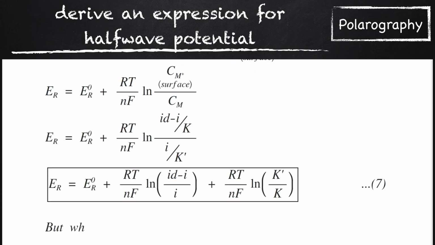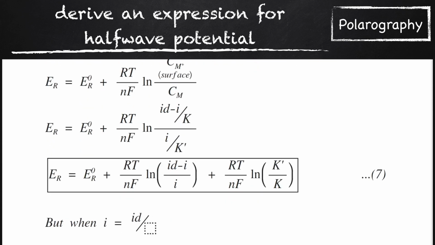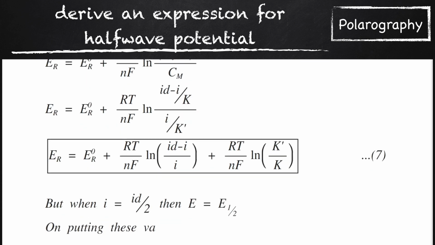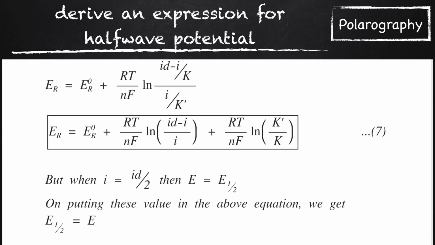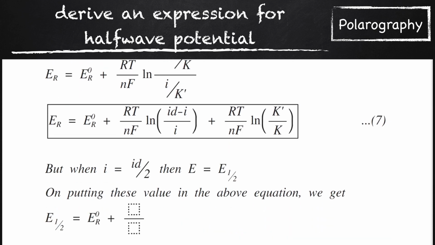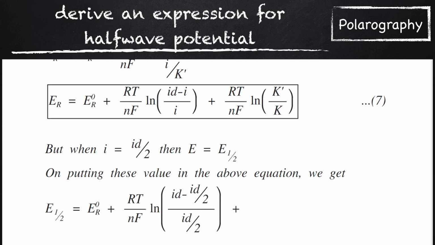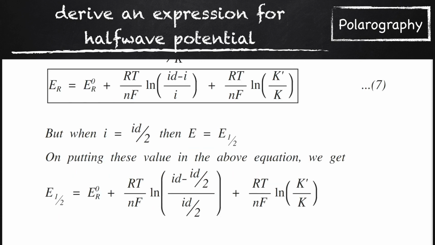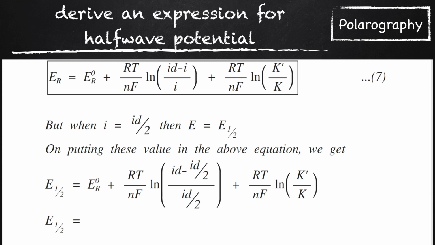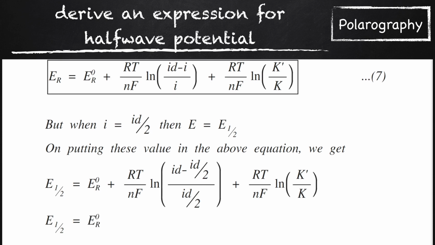But when I is equal to id by 2, then E becomes half-wave potential, E half. On putting these values in the above equation, we get E half is equal to E0R plus RT by NF ln of id minus id by 2 divided by id by 2 plus RT by NF ln of K dash by K. So id minus id by 2 will become id by 2 and it will cancel.